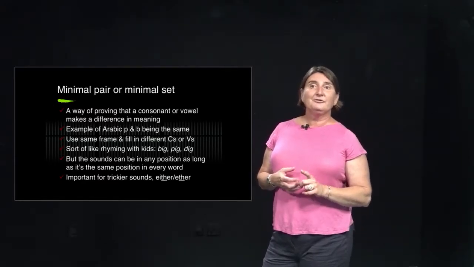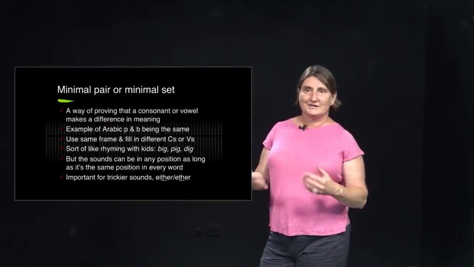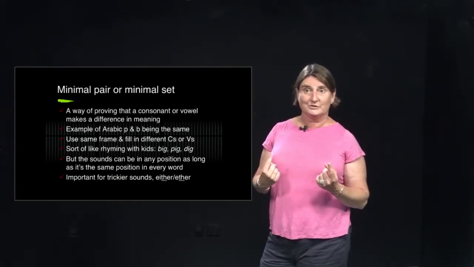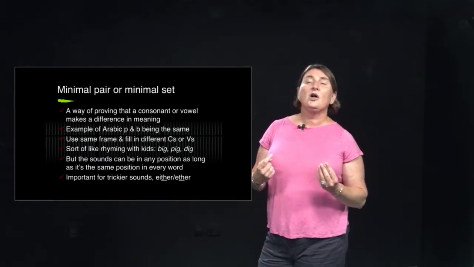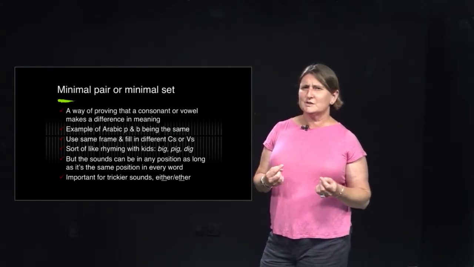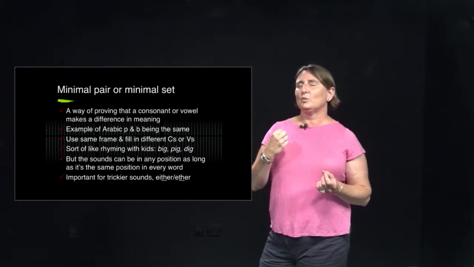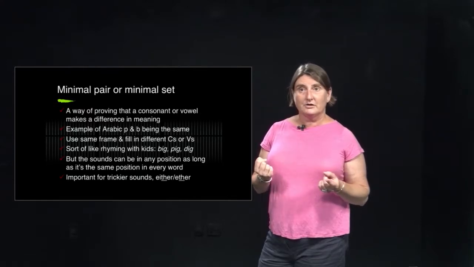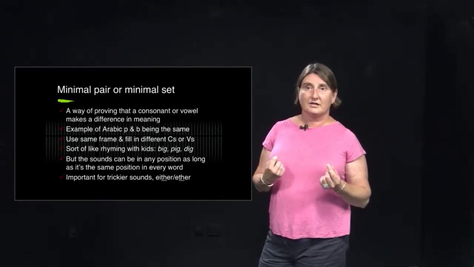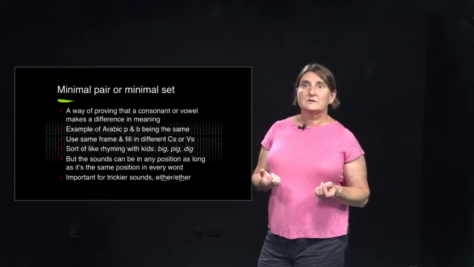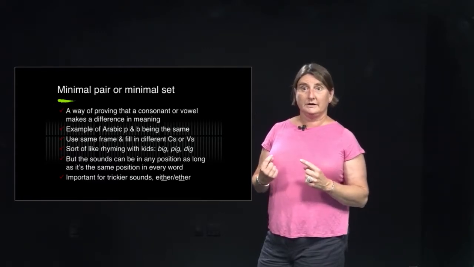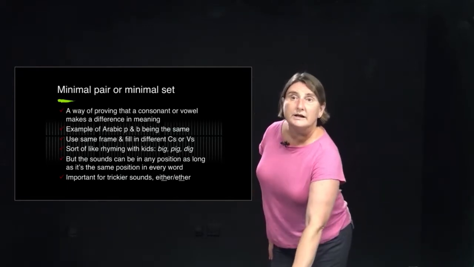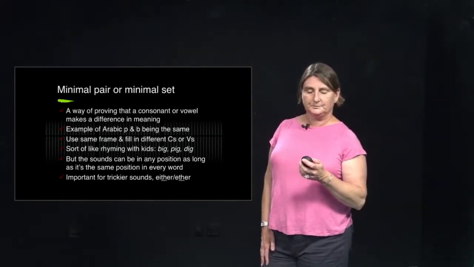But if we can find words that are the same shape and are different only in those two sounds, we can say, yes, although they're sort of close, although you might think it's questionable, in fact, in the word pair either and ether, we see, in fact, the two th sounds are different sounds because switching them in that same position gives you a different meaning. So ether and either are minimal pairs.